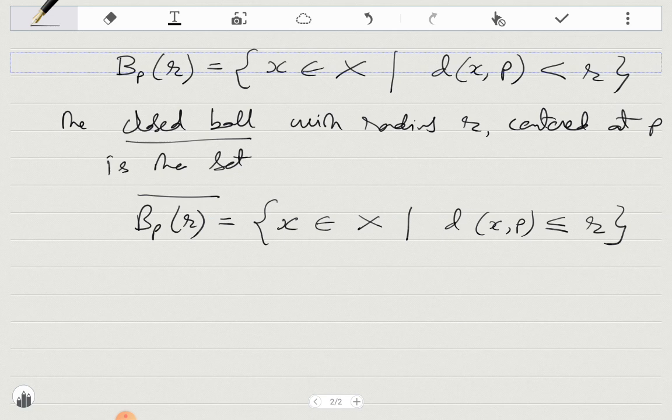Okay, so the concept of an open ball is a fundamental thing. Once we have that, we can define the notion of an open set.